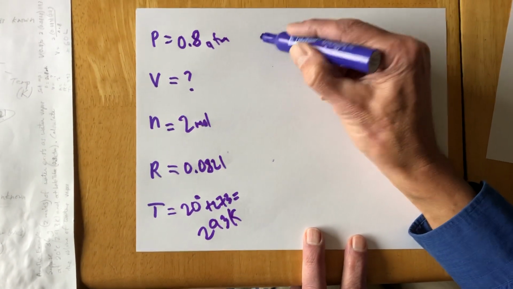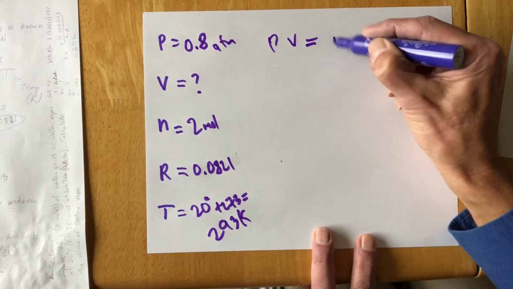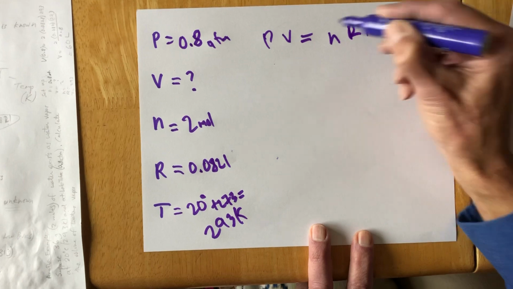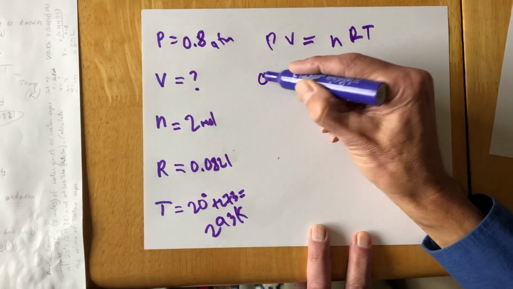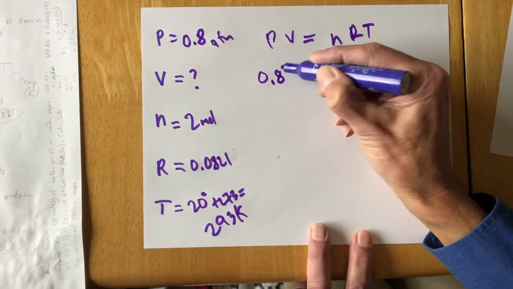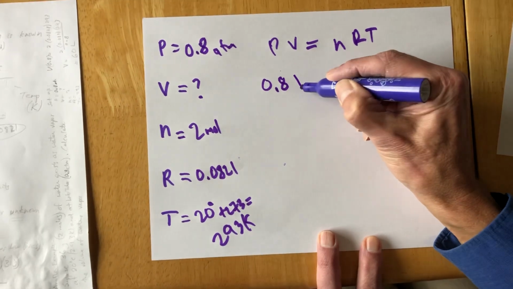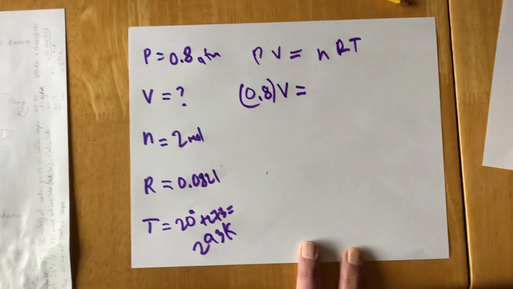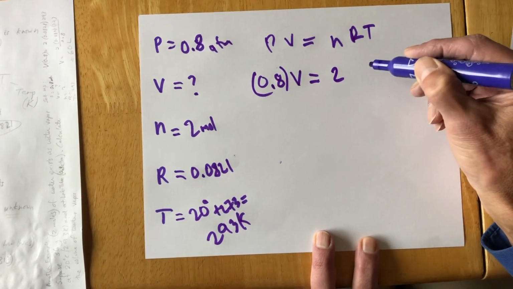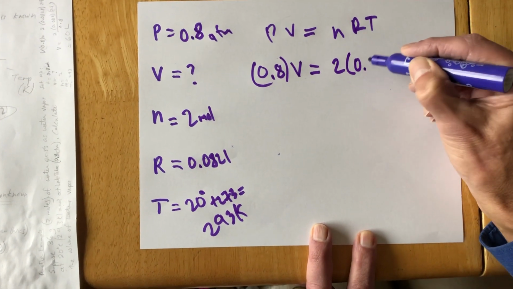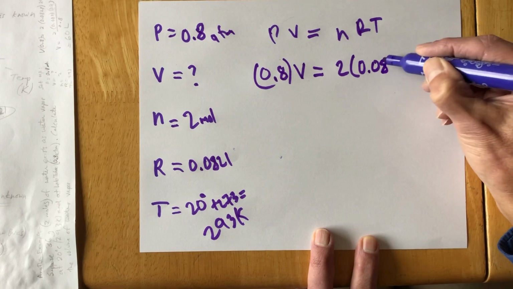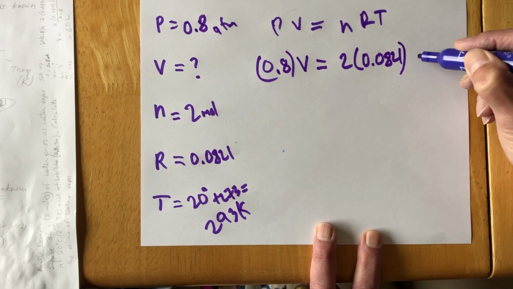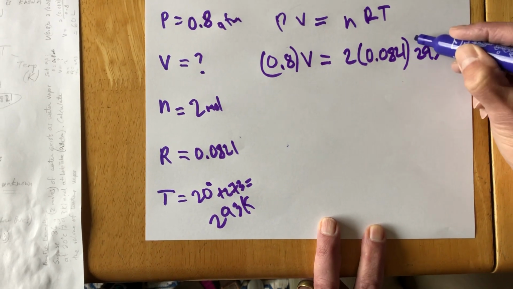PV equals nRT, so we have 0.8 times V equals 2 times 0.0821 times 293.